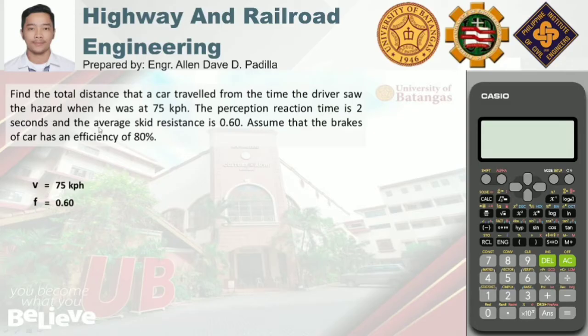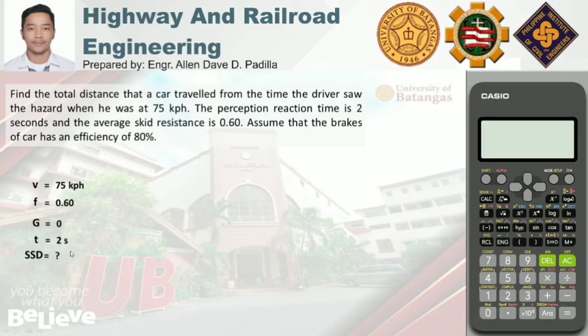The friction, what is written here is skid resistance, so that is 0.6. G is 0 since it was not mentioned that the surface is inclined. T is 2 seconds, this is the perception reaction time. Again, if it is not given, we use 2.5 seconds, but since 2 seconds was mentioned, that's it.